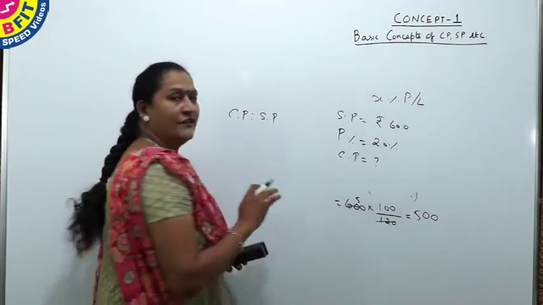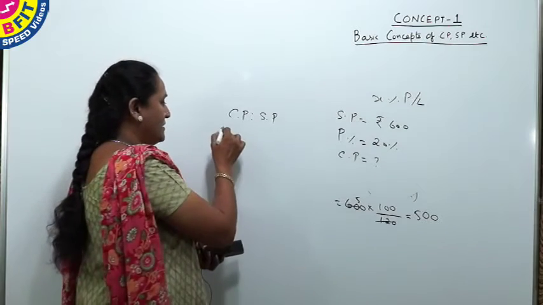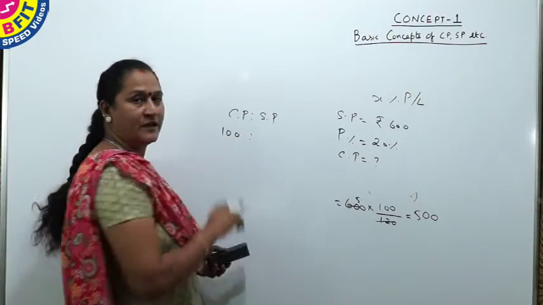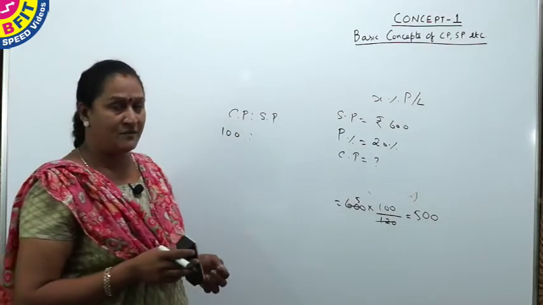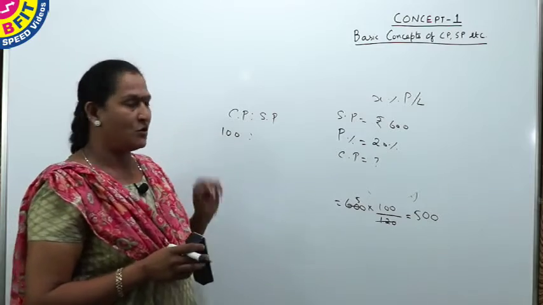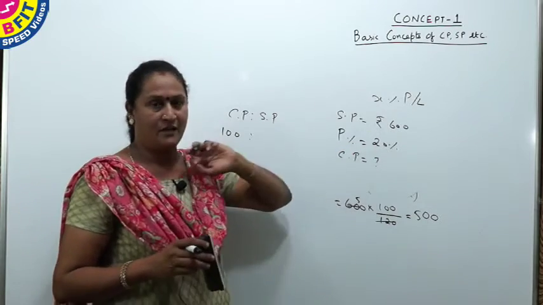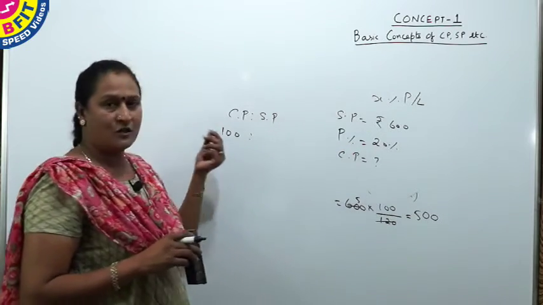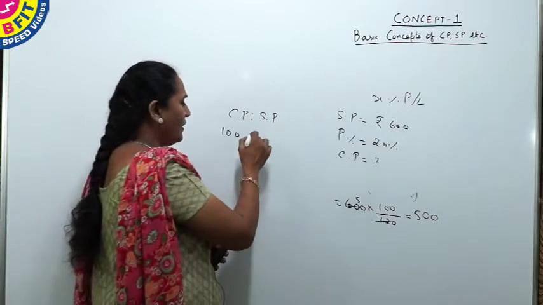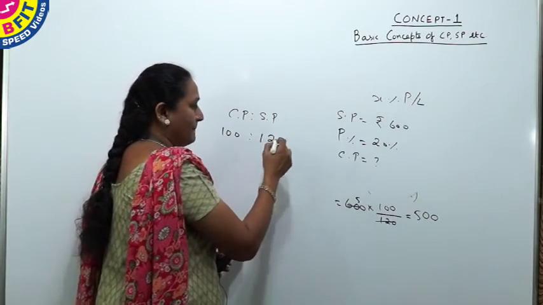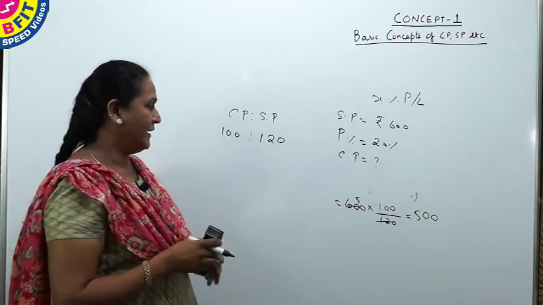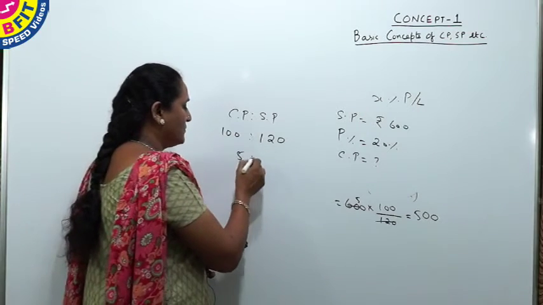As it is given in percentage, you always take 100 as the base cost price. If they give us number of times, then you take 1 rupee as cost price. Here it is given in percentage, so take cost price 100. And what will be the selling price? 100 plus 20, 120, and get the ratio for cost price and selling price.